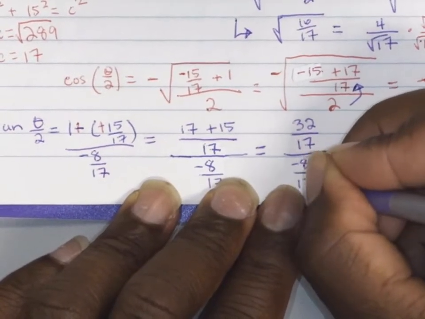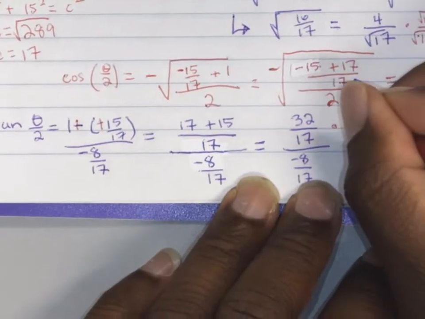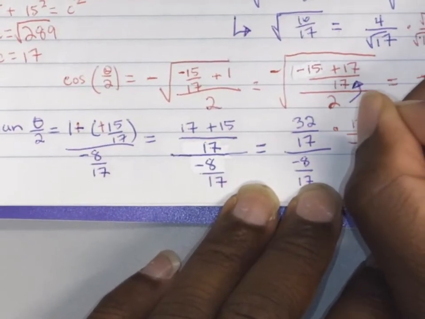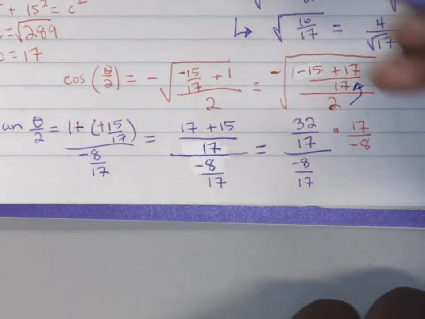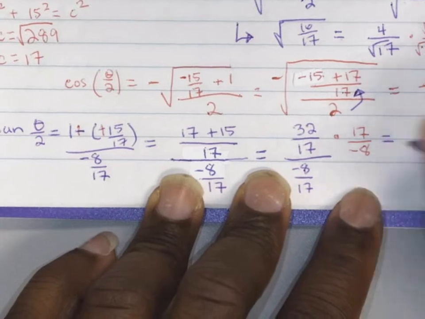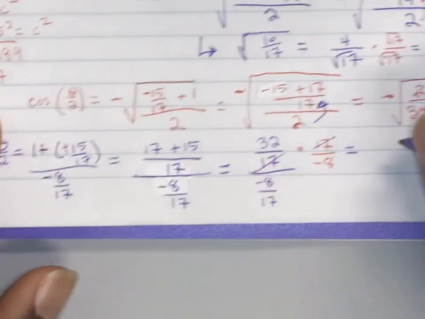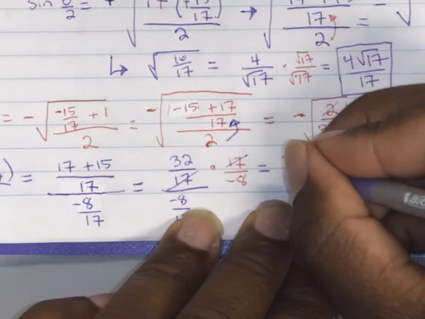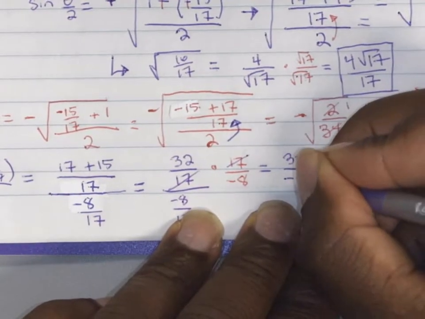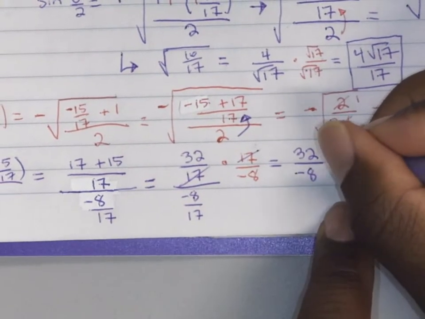I'll keep top. I'll multiply by 17 over negative 8. And what I get is, 17's cancel. What I get is 32 over negative 8, which comes out to equal negative 4.